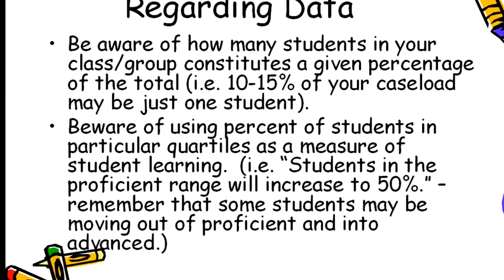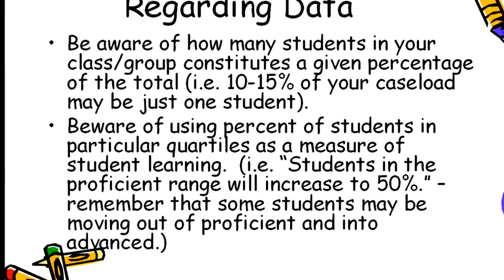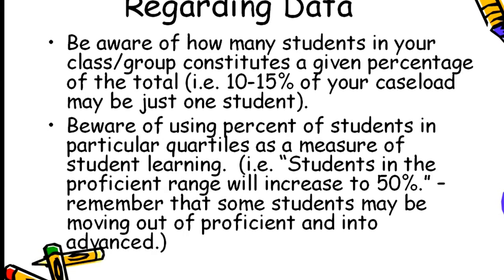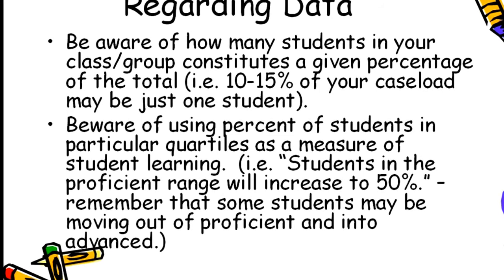Finally, there are some little statistical things to think of. Beware of the fact that many of your classes or groups are very small, and that one student may constitute 10 to 15%, or 10 to 15 or 20, or maybe even 25% of the students whose learning needs you're addressing in your SLO.